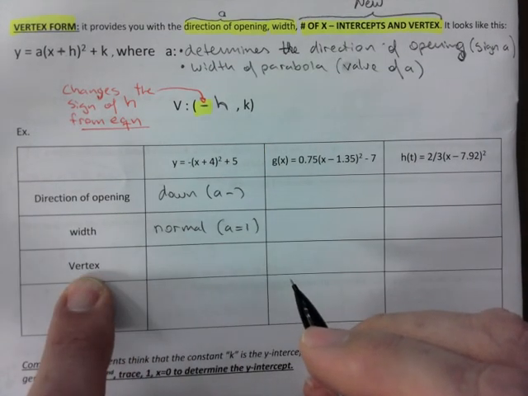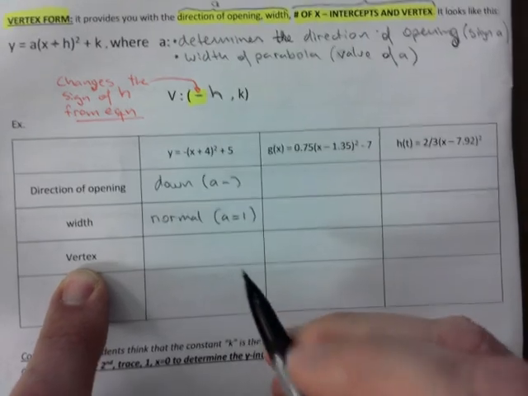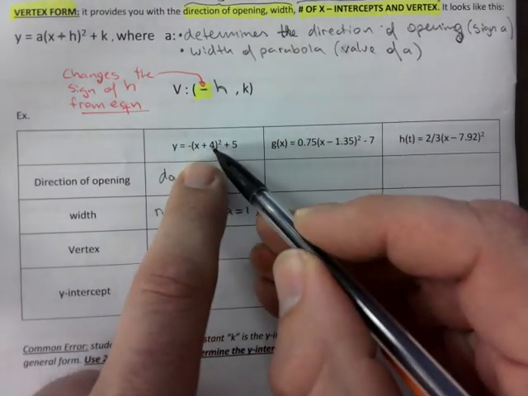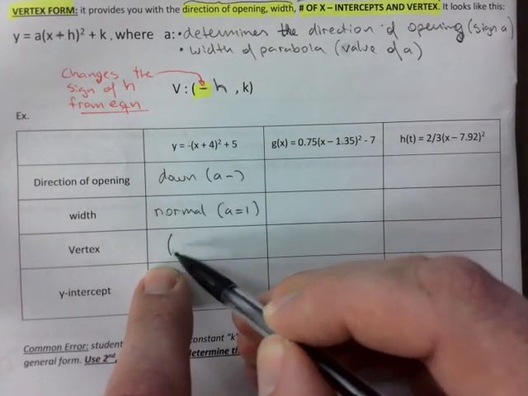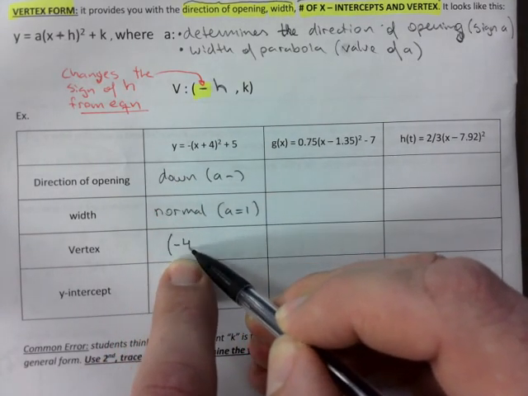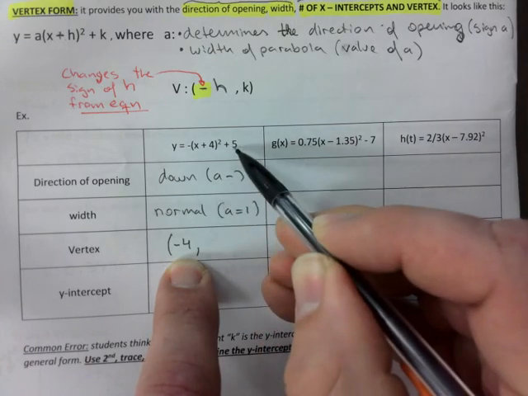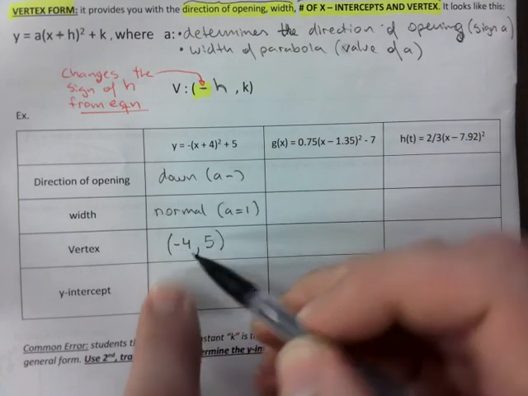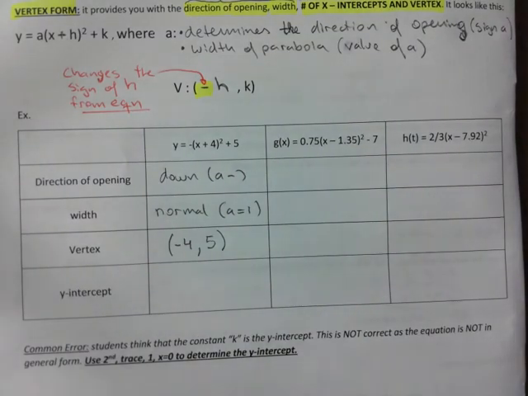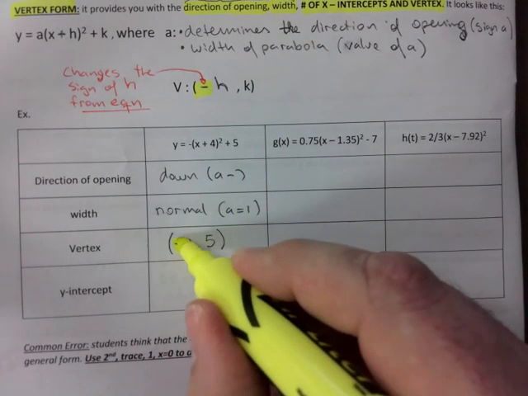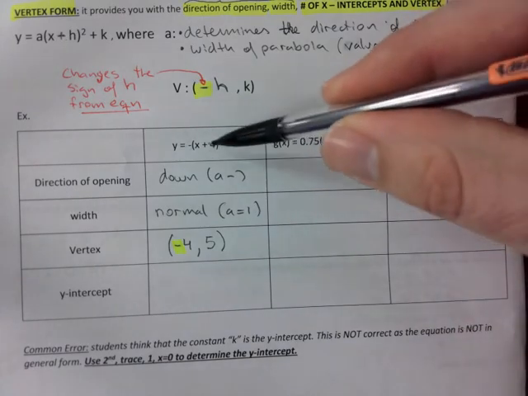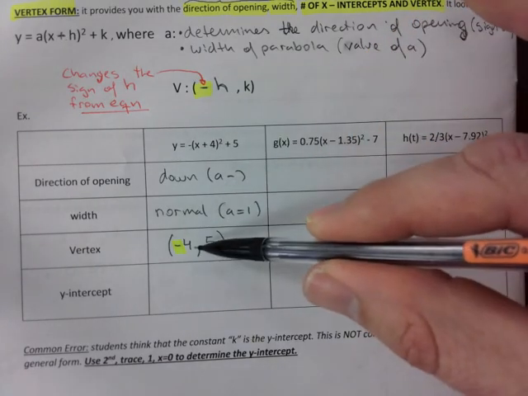The vertex, watch this, folks, if I bring this out, is going to be negative 4, 5, positive 5. So the sign never changed there, but it did change here. It was positive 4 in there, it came out negative 4.